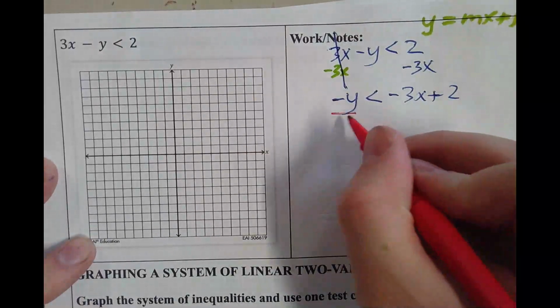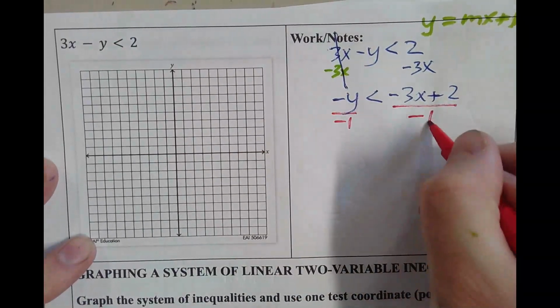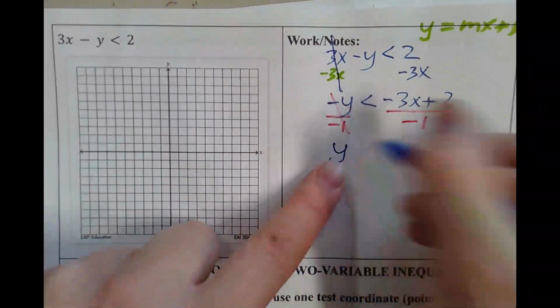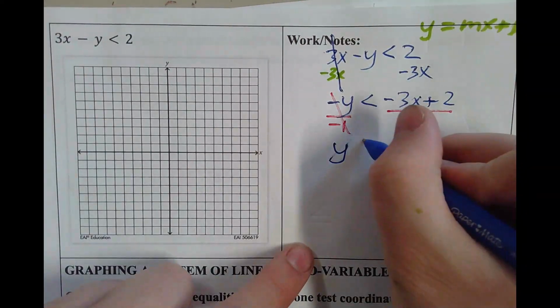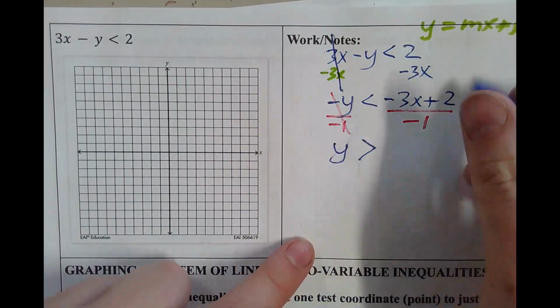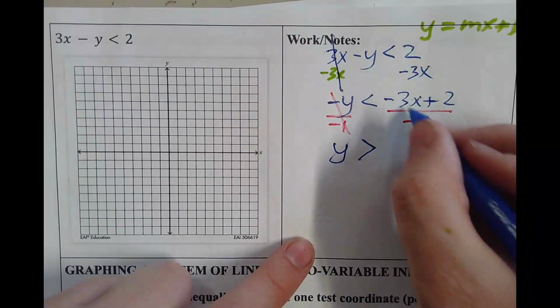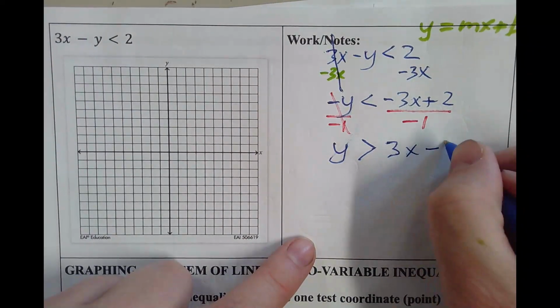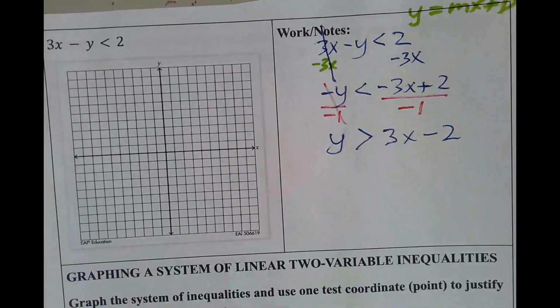Next up, I'm going to get rid of the negative by dividing both sides by negative 1. And when I divide by negative, guess what I have to do? I have to switch that inequality symbol. So that's going to give us everything negative becomes positive, and everything positive becomes negative.